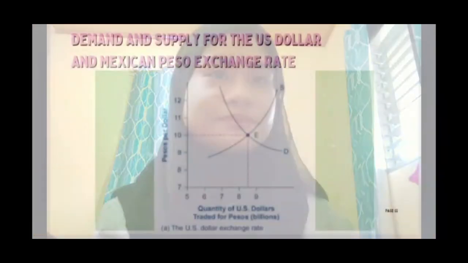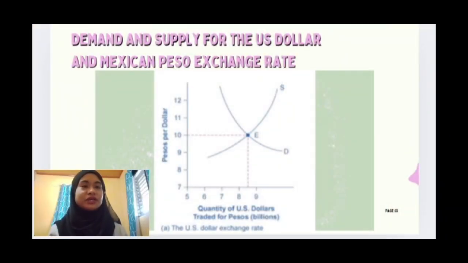Now, let us take a look at how foreign exchange operates with the example of the US dollar versus the Mexican peso. Let's look at how exchange rates are shown using supply and demand. In this figure, using the US dollar as the basis for the exchange rate, the vertical axis shows how many Mexican pesos are needed to buy 1 US dollar, and the horizontal axis shows the quantity of US dollars traded.